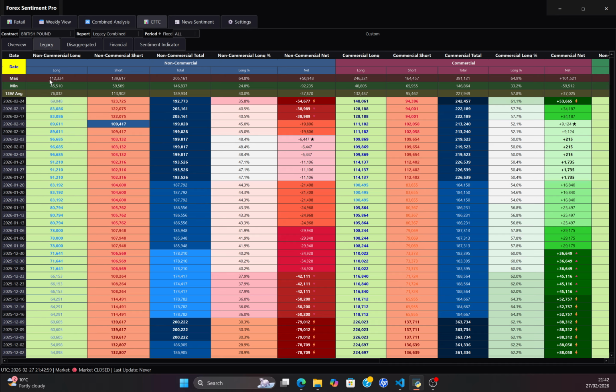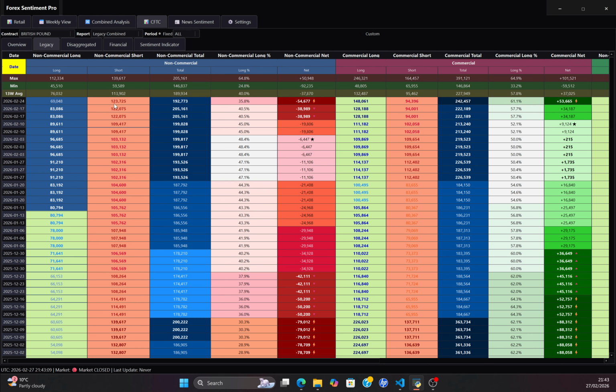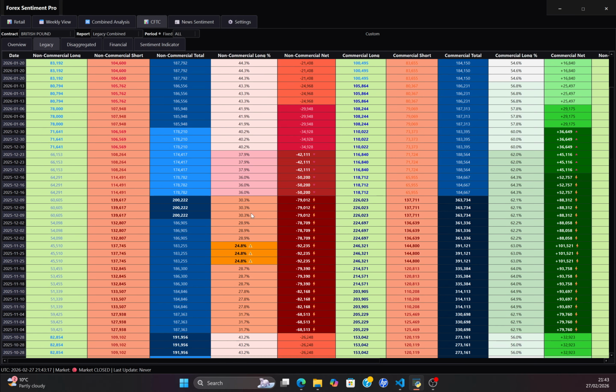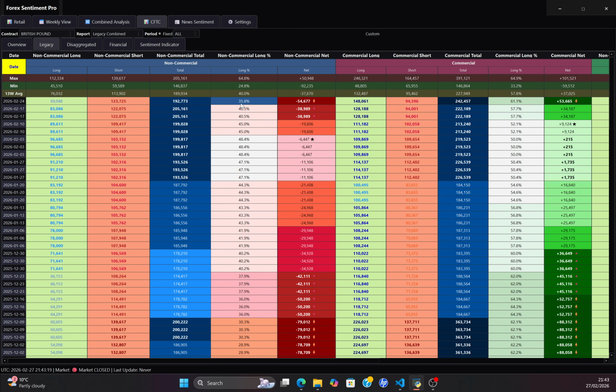I think this table is a very well-known structure of looking at the CFTC. But what is new here in the software? These are nothing fancy, just their positions, long or short. This is their total positions, and this is where the sentiment analysis starts, where it gives you an insight about how aggressive they are, or what the market's bias is.